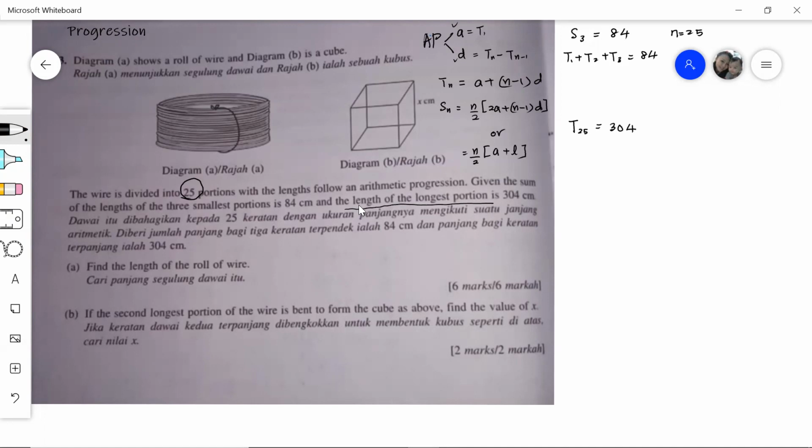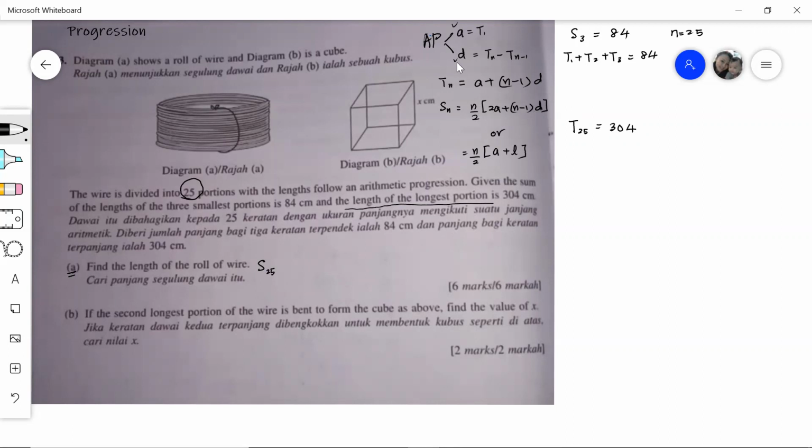So we need to find part A, the length of the roll of wire. That means we need to add all the portions together, which means we are looking for S25. Now look at the formula to find the sum of the first n terms. n is given, so a and d are the ones that we need.